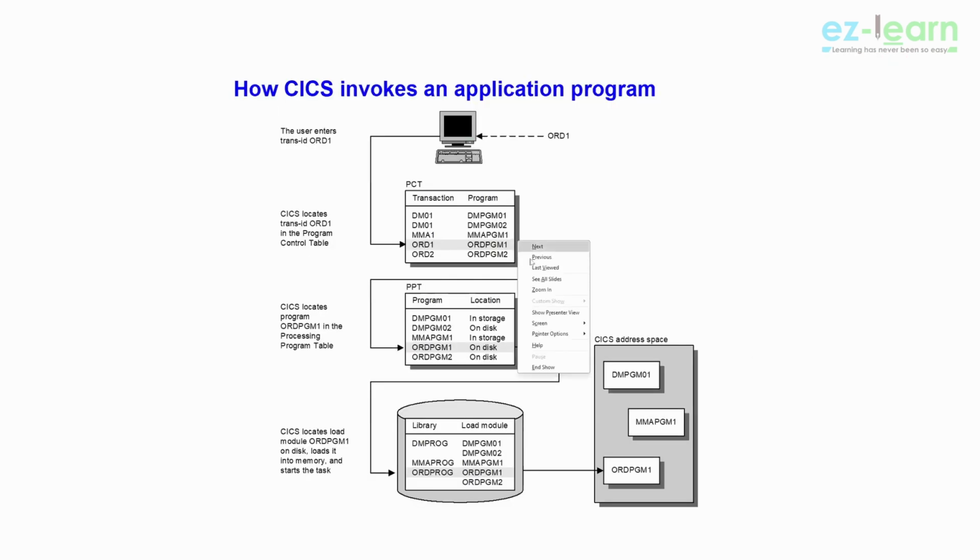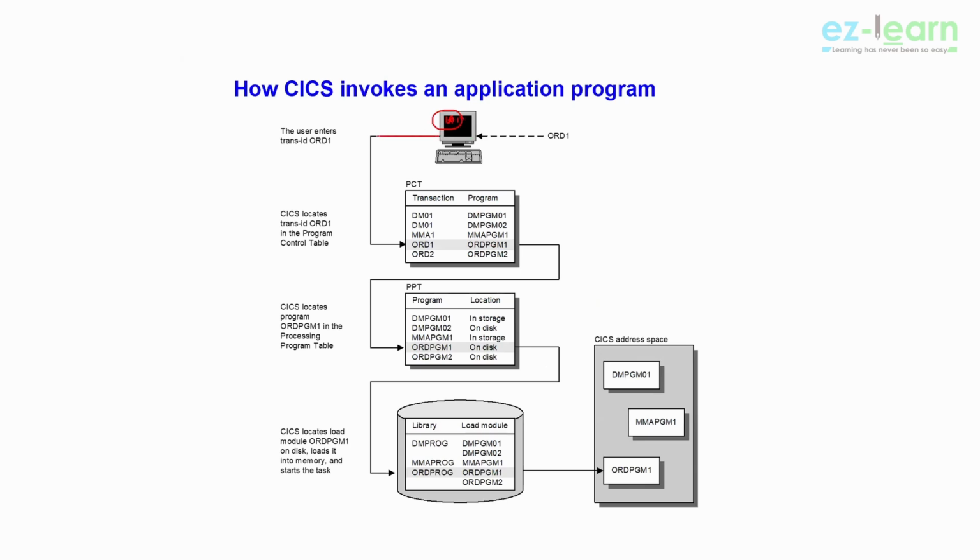Now this is important. I didn't show this slide. Suppose you enter a transaction, say ORD1, at the top left corner. The system will check whether it's a valid transaction code and whether you have access to it.